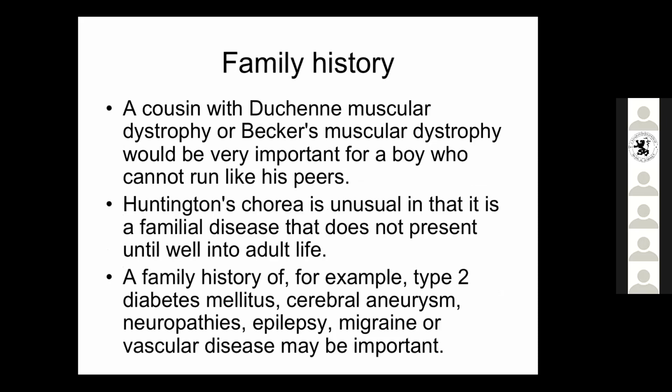And for family history, it is important to ask them about any kind of neurological disorders that run in families. What is really important for us is Huntington's disease, because it's inherited in an autosomal dominant fashion and it's very common, as well as Duchenne's muscular dystrophy and Becker's muscular dystrophy.